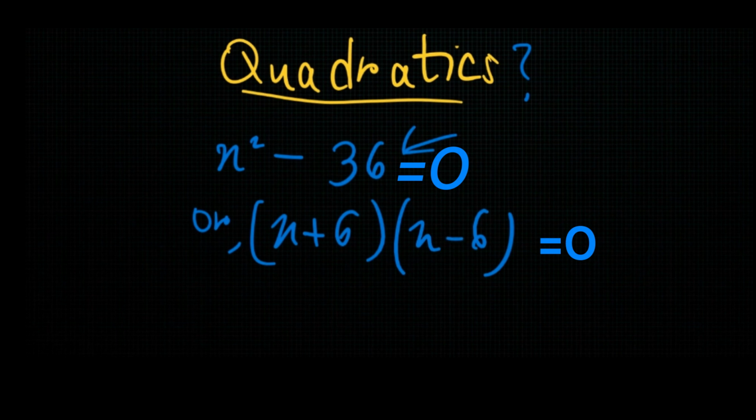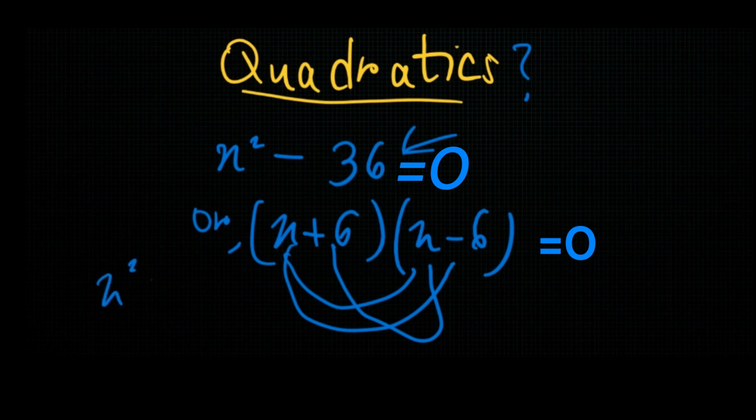What if we use one plus sign and one negative sign? What would happen then? Let's see. x times x equals x squared. x times minus 6 will be minus 6x, plus positive 6 times x equals positive 6x. So the negative 6x and the positive 6x cancel out, because both are opposite.